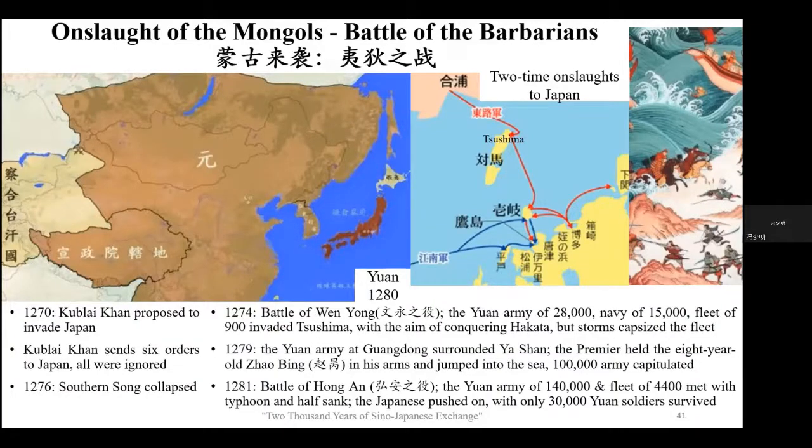And subsequently, in 1281, after the Song Dynasty collapsed, came the Battle of Yong'an, whereby again the Yuan army of 140,000 and a fleet of 4,400 unfortunately met with a typhoon and sank. The Japanese pushed on, and only 30,000 Yuan soldiers survived.